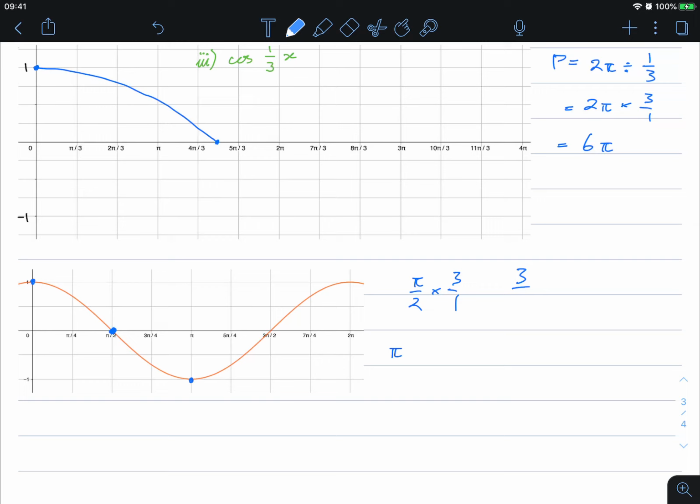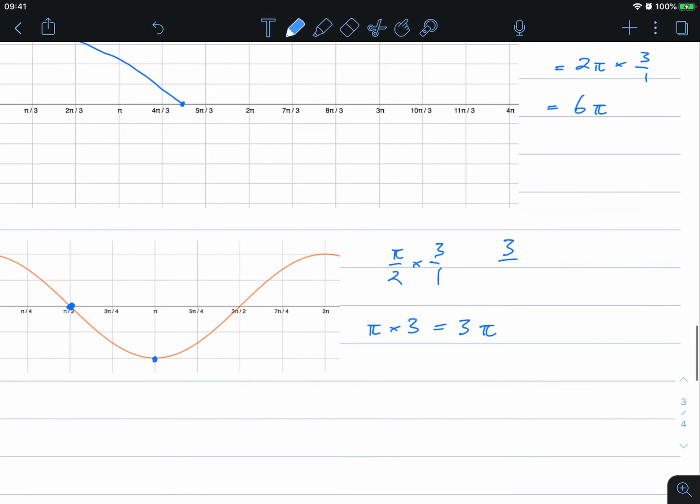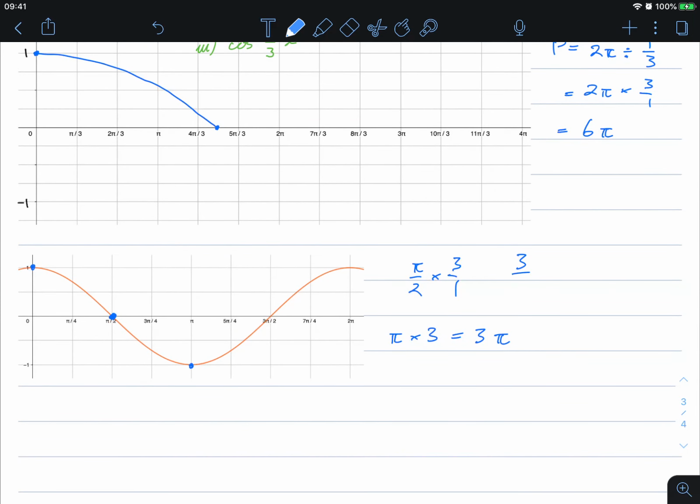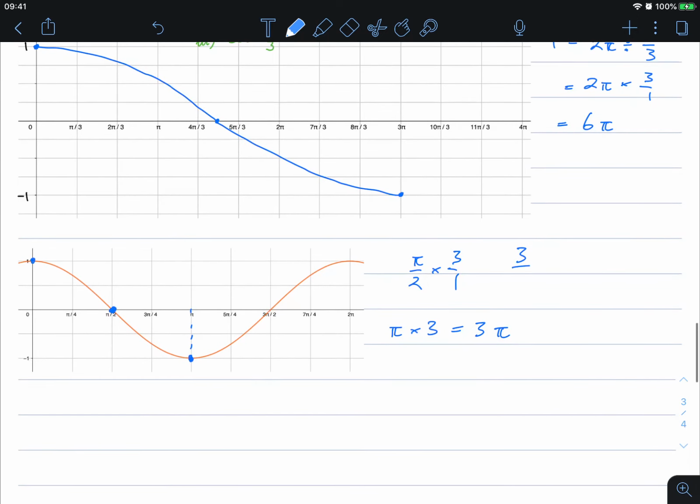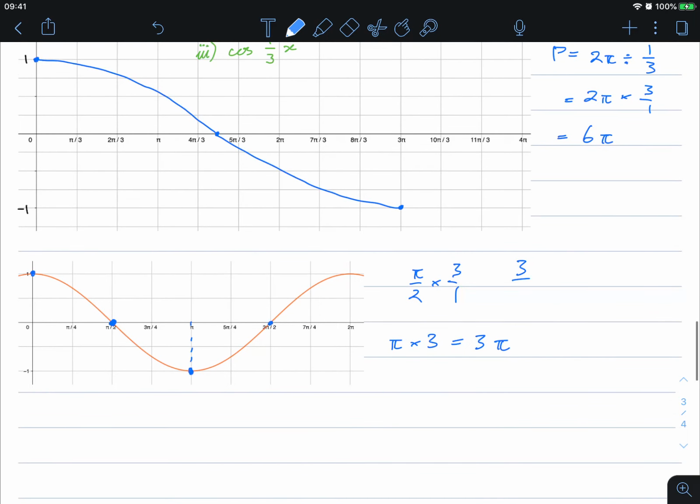It's originally at pi, and we're going to divide by 1/3, which is the same as multiplying by 3. That becomes 3 pi. So its lowest point, which is originally at pi, is now going to be at 3 pi. So its lowest point is going to be here. Okay. One last point here.